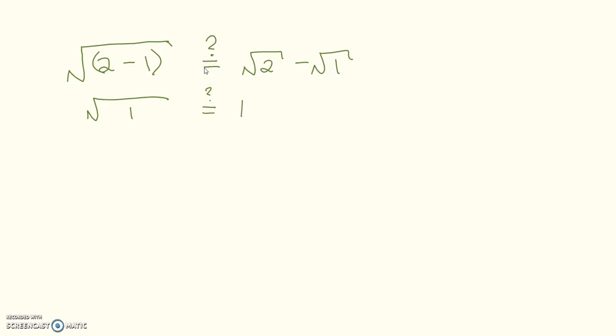Now, does that equal the square root of 2 minus the square root of 1? Well, the square root of 2 is approximately 1.414, and the square root of 1 is 1. So over here we have the square root of 1, which is just 1. Does that equal 1.414 minus 1? 1 does not equal 0.414. And this is for exactly the same reason as we can't take x plus y squared.